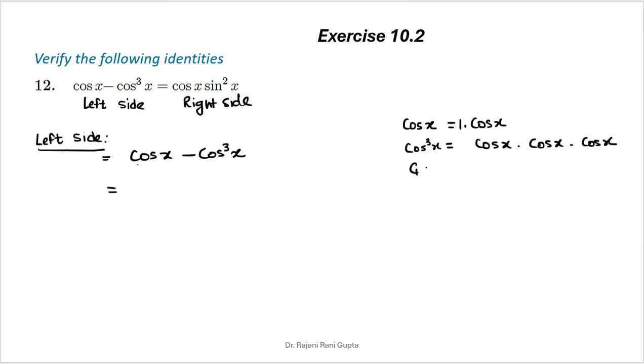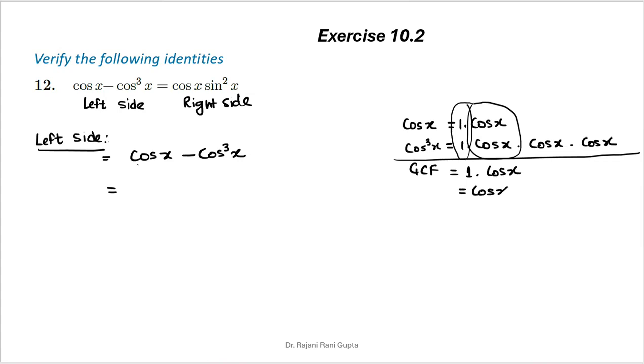If we find the greatest common factor from this, we can write 1 multiplied also. So the greatest common factor is 1 multiplied by cos x, which is nothing but cosine of x, correct?